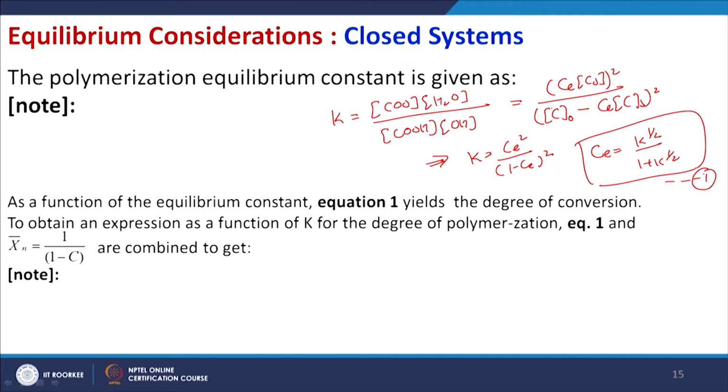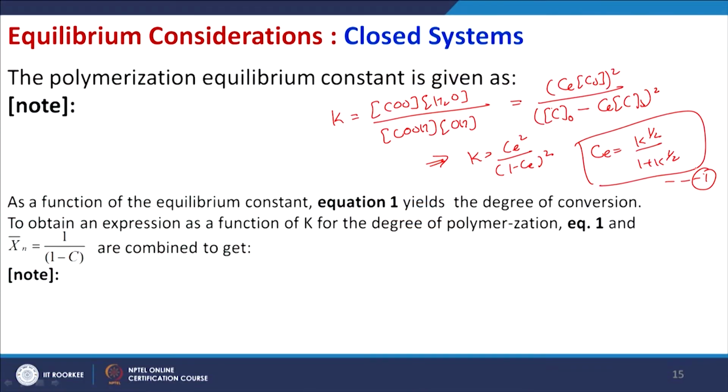Now, as a function of equilibrium constant, this equation yields the degree of conversion, to obtain the expression as a function of K. For the degree of polymerization, X bar n is equal to 1 upon 1 minus C. In that case this can be represented as 1 plus K to the power half.